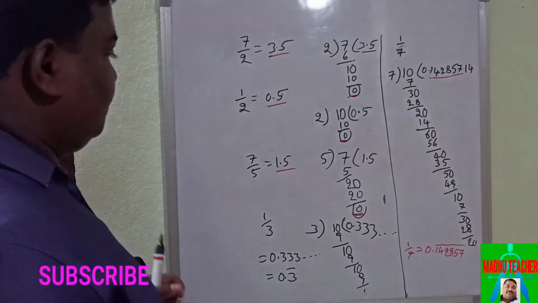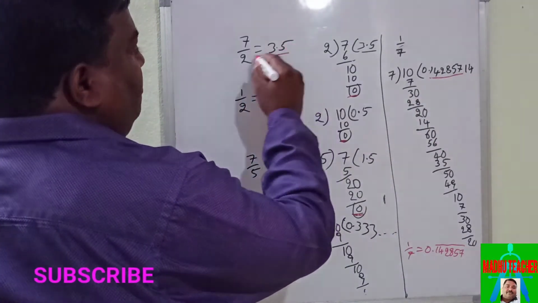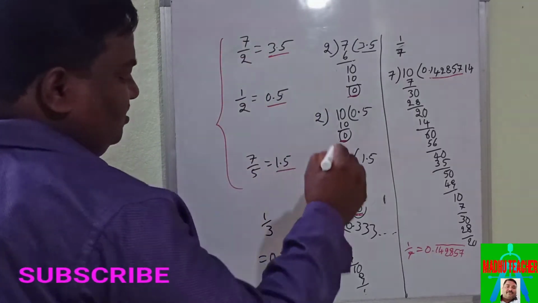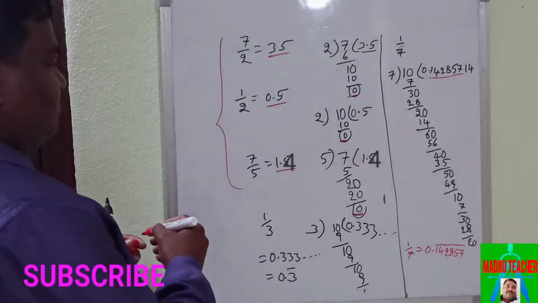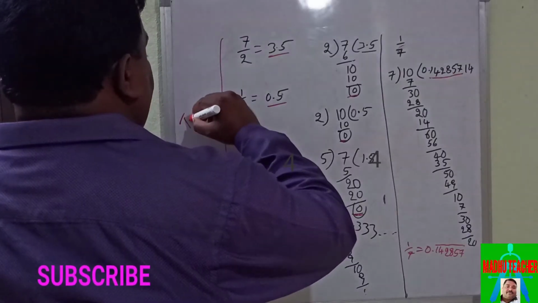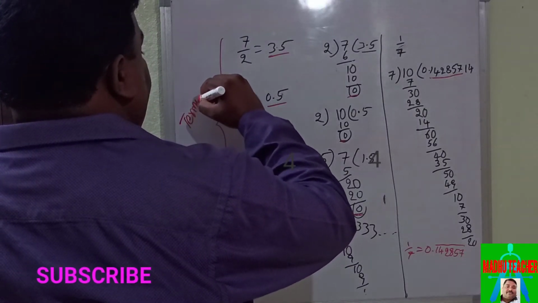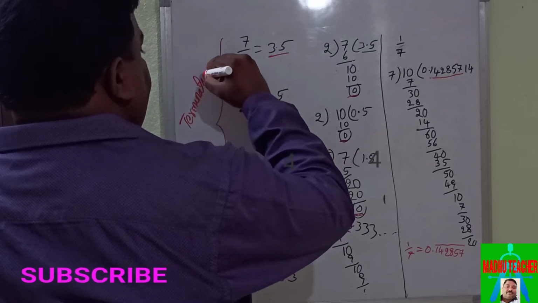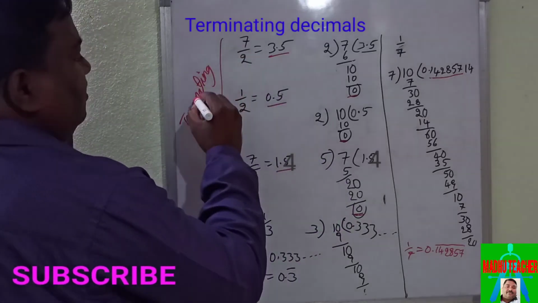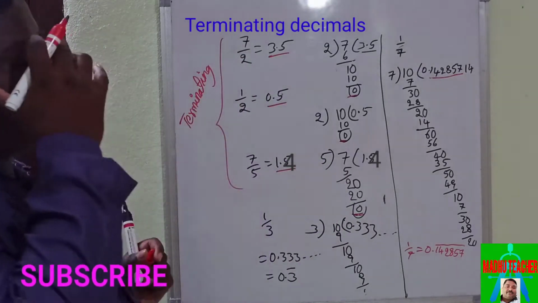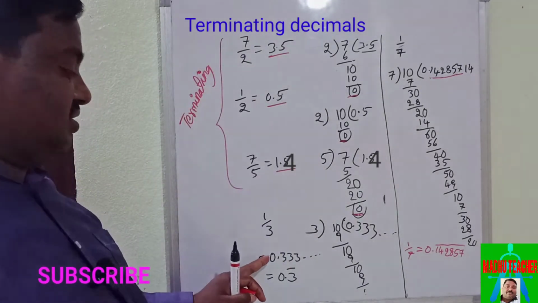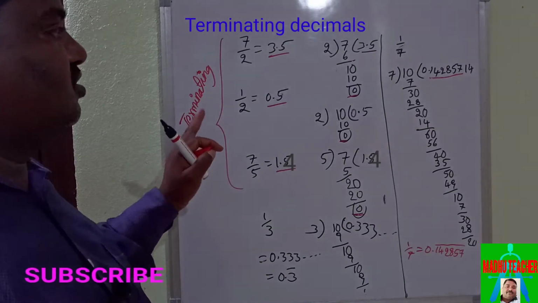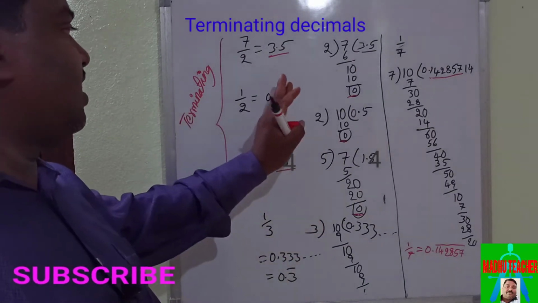So these decimals, 3.5, 0.5 and 1.4, are called terminating decimals. Terminating means stopped, that is, it stopped here.